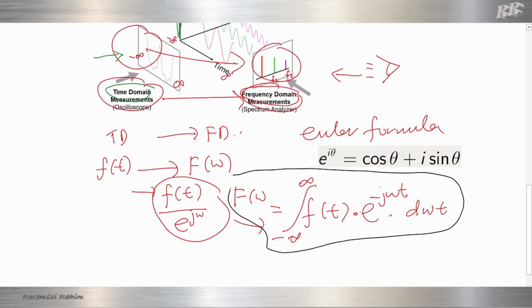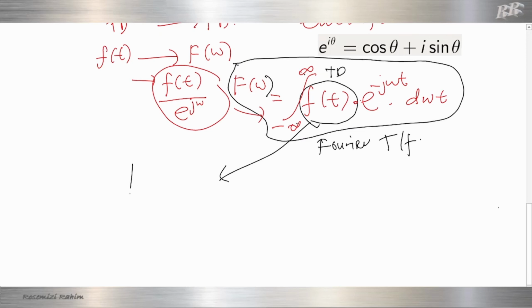This formula is called the Fourier Transform. This is the general formula for the Fourier Transform: F(omega) is equal to the integration from minus infinity to infinity of our time domain signal f(t) times e^(-j omega t) dt. This is the equation for the time domain function, amplitude against time.